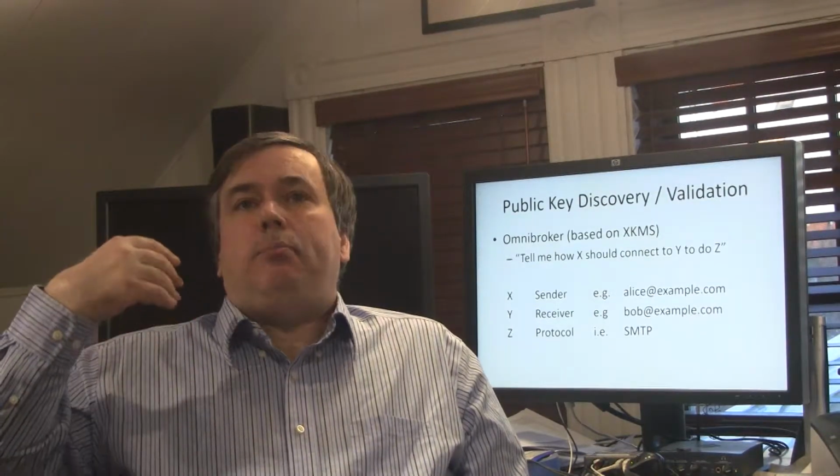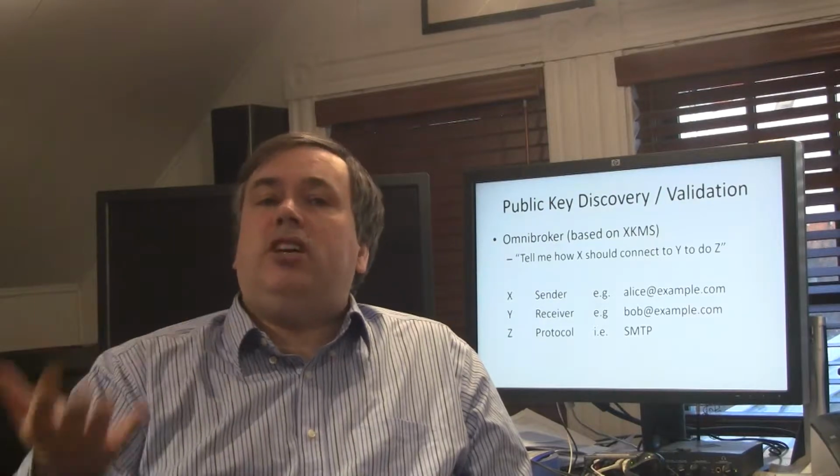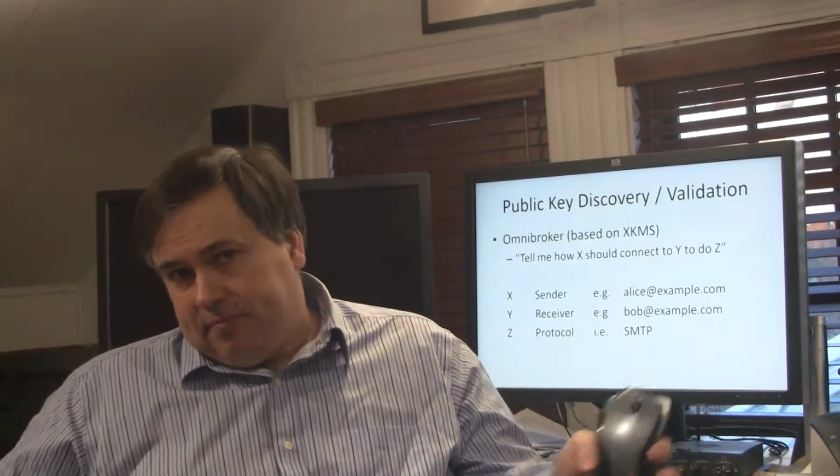In OmniBroker, you ask a broader question of, tell me how X should connect to Y to do Z. And this is a very general question of, give me the IP address, give me the protocol to use, give me the version of the protocol, give me the keys to use, give me everything.